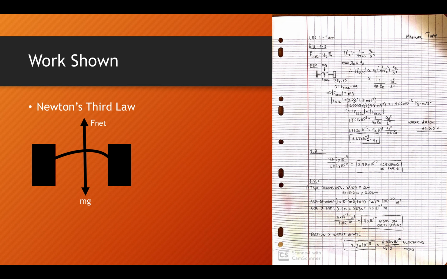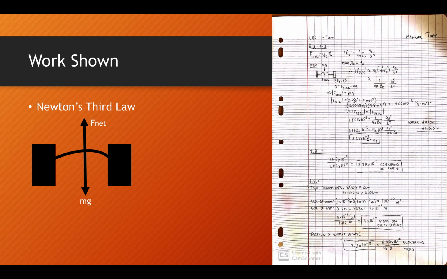And here are all of my calculations. To find the actual charge of point C, we had to draw a free body diagram of the tapes.